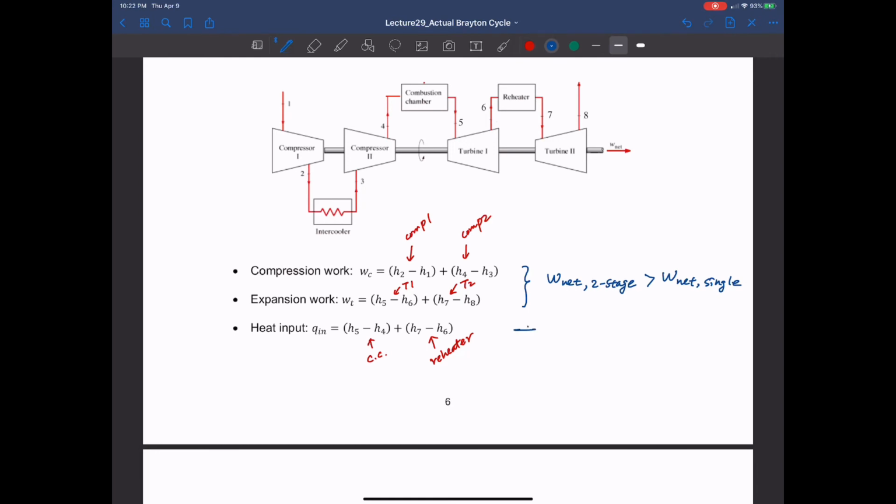However, we also have increase of the heat input for that two-stage gas turbine. So as a result, usually the thermal efficiency for two-stage is lower than the thermal efficiency of single stage. So by sacrificing thermal efficiency, we can gain more net work. So that is what you can see from this two-stage gas turbine.